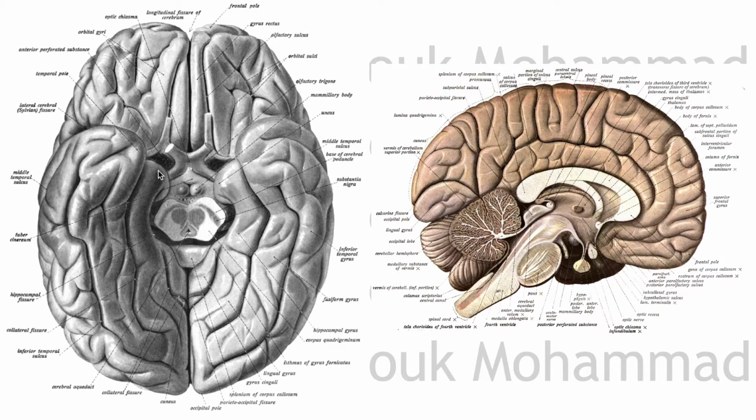This is the tip of the temporal lobe. See that? And this elevation here is called the uncus, which is the tip of the gyrus. The most medial gyrus is called the parahippocampal gyrus. The uncus is the tip of the parahippocampal gyrus, or hippocampal gyrus, because if you dig here, you will find the hippocampus.